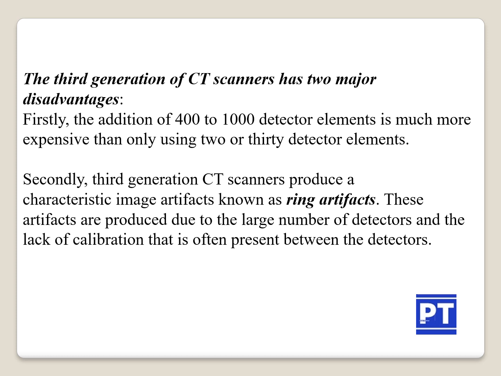Regarding the CT artifacts, we will be discussing them in upcoming topics. Just mentioning here that ring artifacts are usually seen in third generation CT scanners, and these artifacts are produced due to the large number of detectors and the lack of calibration that is often present between the detectors.